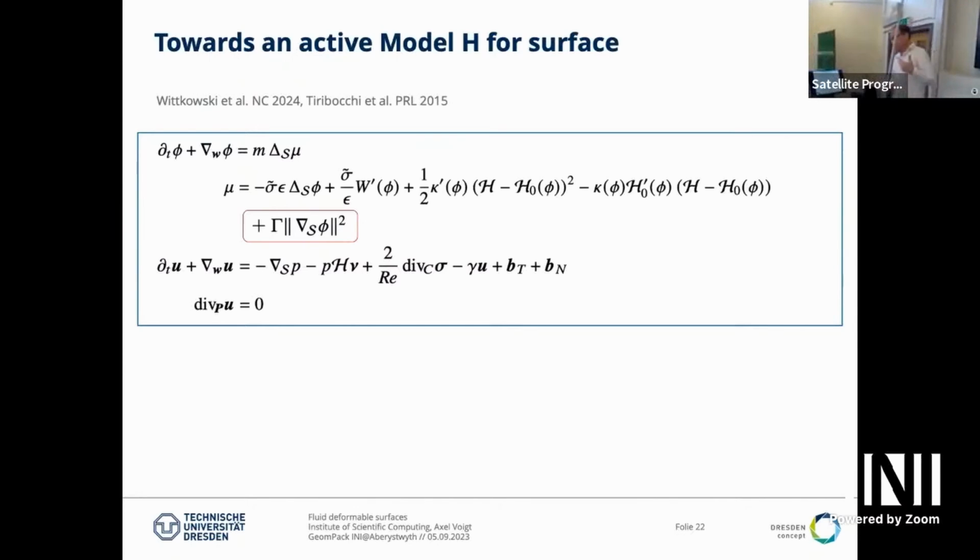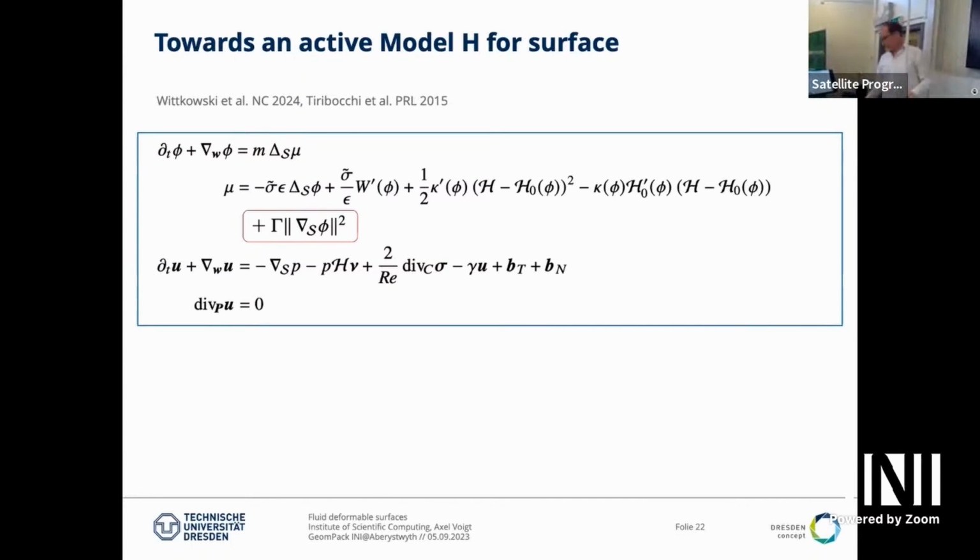If we use this methodology for our surface model, then it looks like this. It's the model we have, and in the simplest setting, it's adding some active term which depends on the gradient of my phase field function.